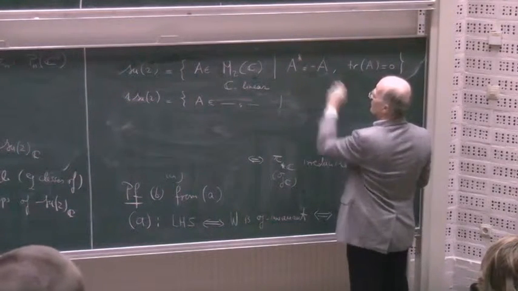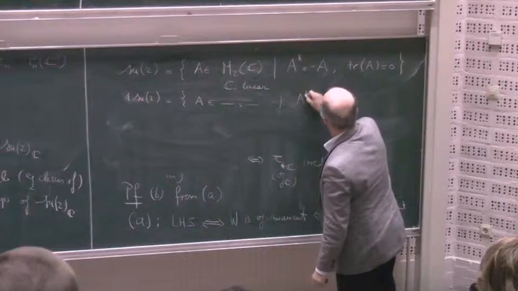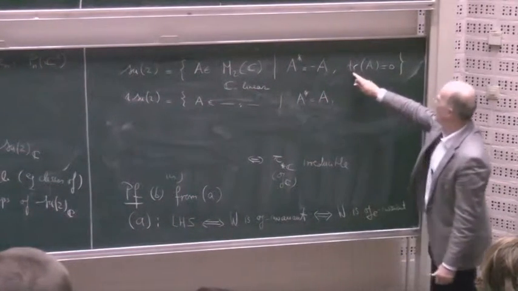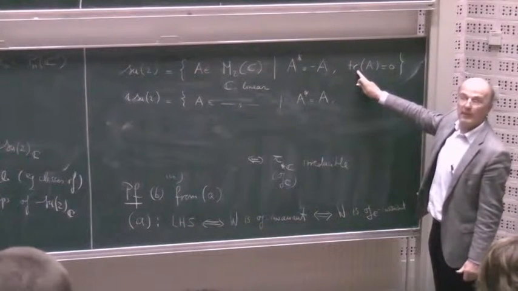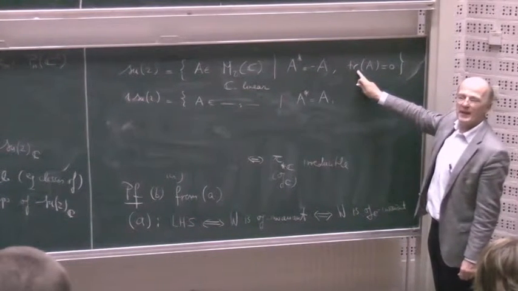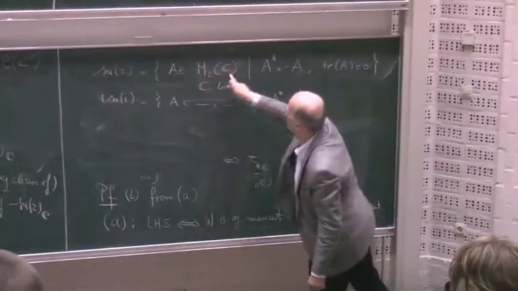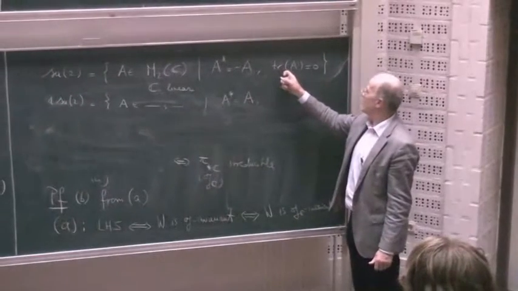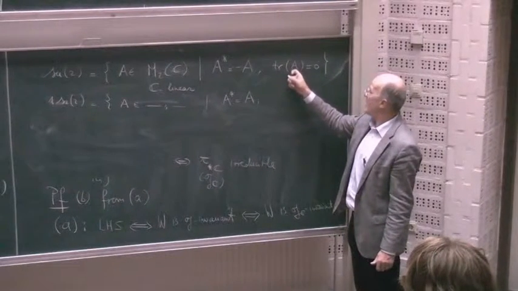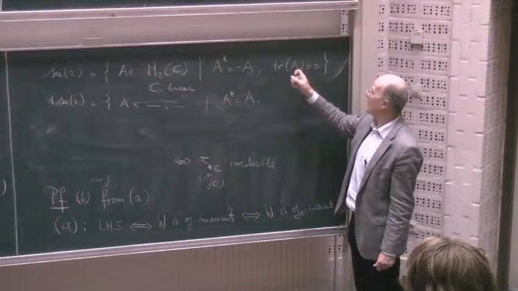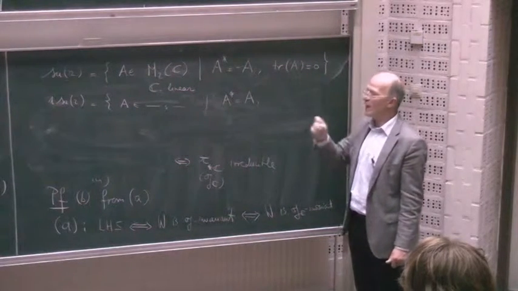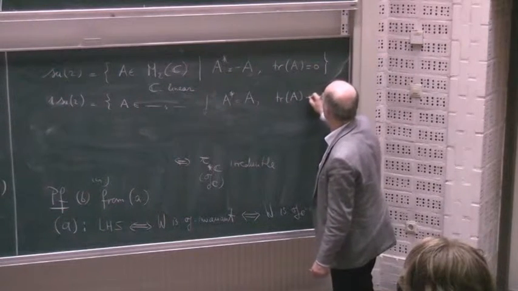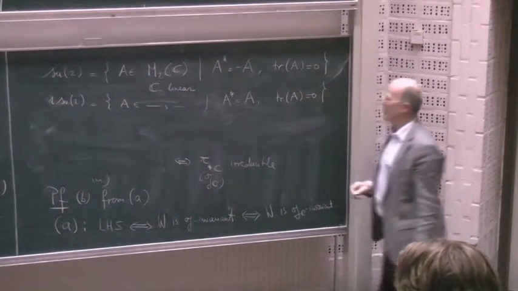So that compensates for this minus. So A star is A. And the trace, we're talking about the complex trace, which is a complex linear functional on the space of all complex 2x2 matrices. The complex trace is complex linear in A, so if the trace of A is 0, then the trace of iA is 0 as well, so the condition that the trace is 0 is preserved.